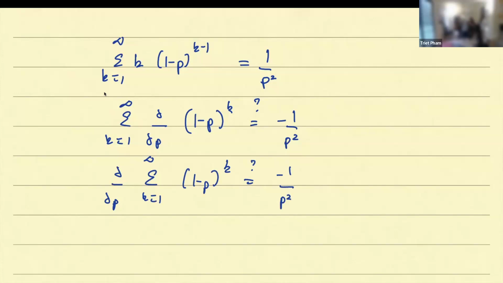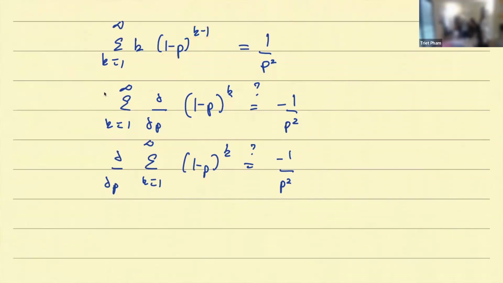And when k equals 1, that's going to be 1.